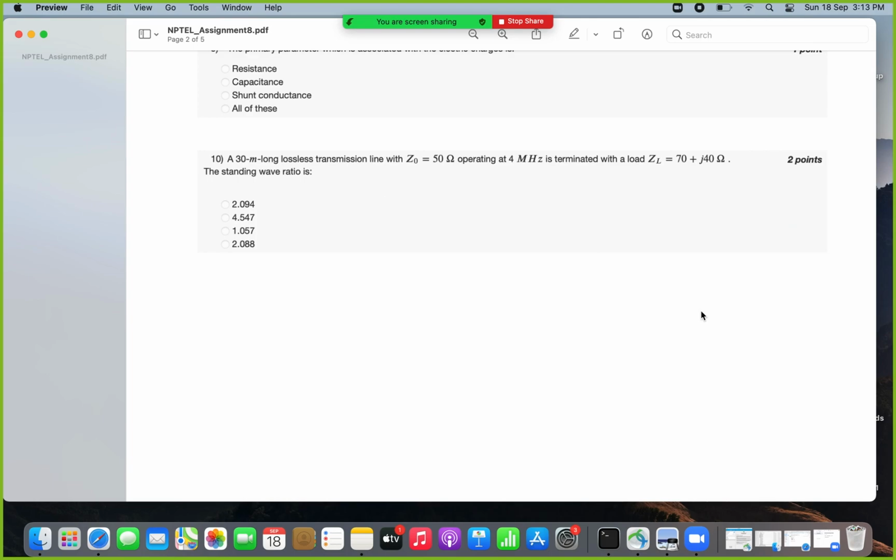So what I do is that when I'm given a problem, I look at the information that is given to me. For example, here the information given is the input impedance and the load impedance, and I am told to find the standing wave ratio. So since I have to find the standing wave ratio, first I have to recall the formula, that is, 1 plus mod gamma by 1 minus mod gamma.